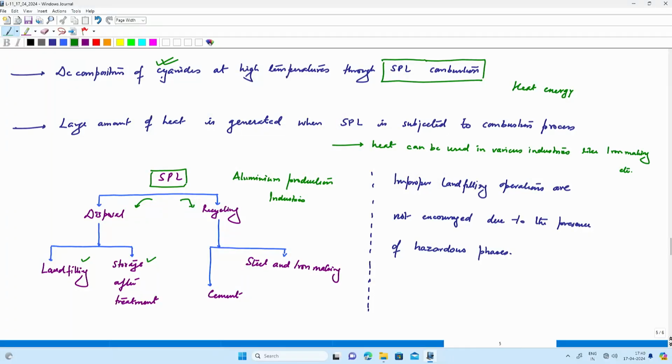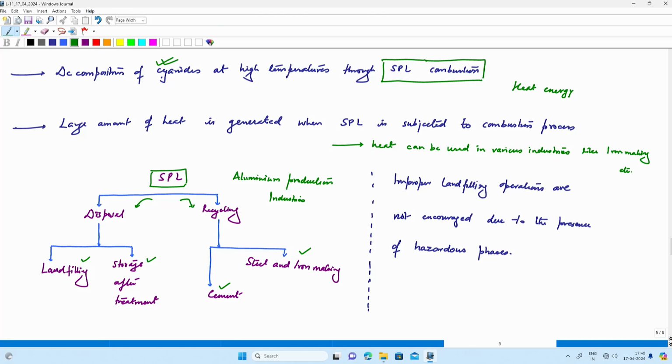The other way could be when we start to recycle it, and we can just think of it as a raw material for steel and iron making industry or cement industry, where it could be used for generating heat, when we just directly use it as a raw material for combustion. We should note that improper landfilling operations are not encouraged due to presence of hazardous waste.